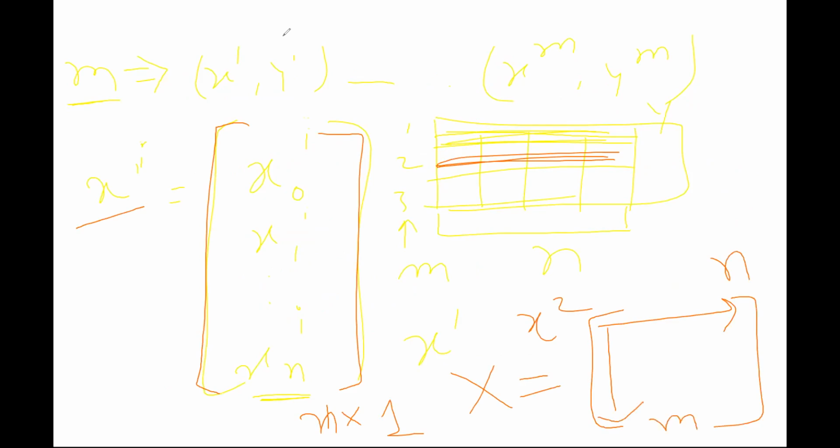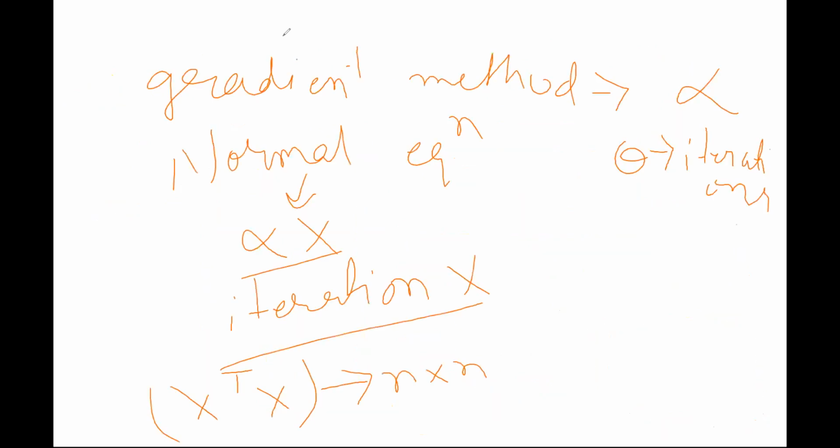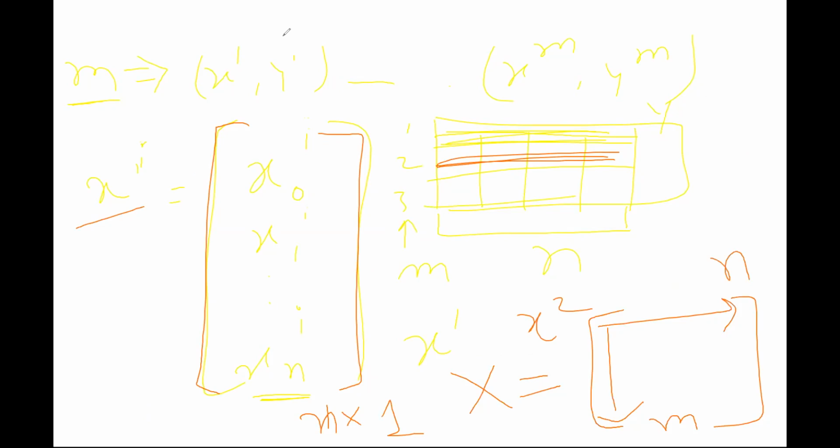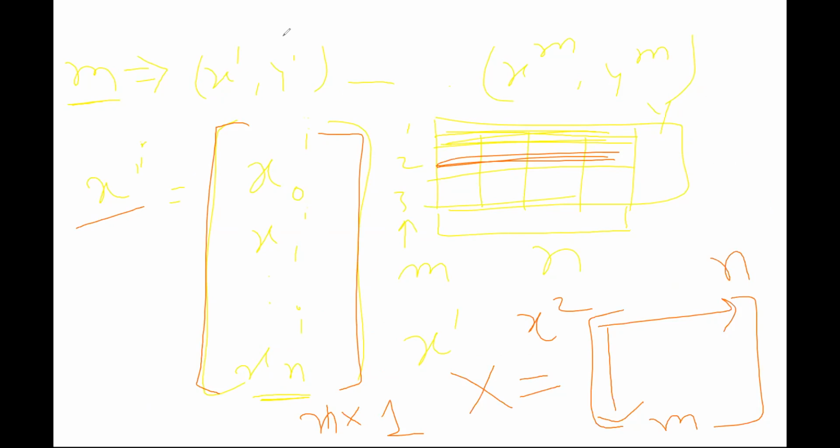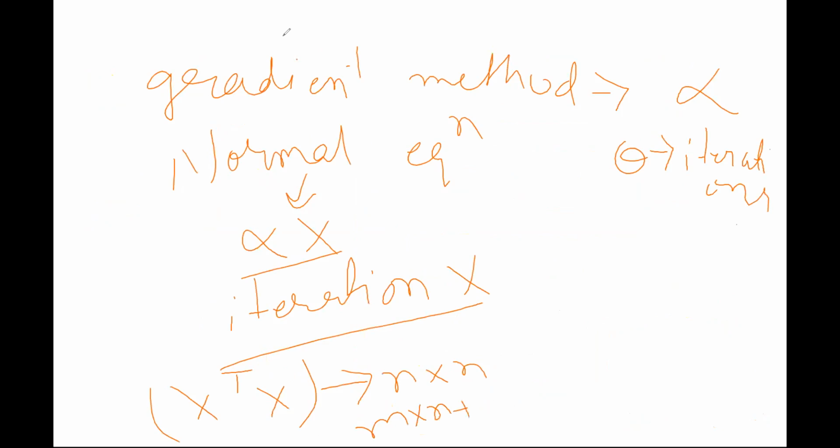Multiplying, x becomes m cross n plus 1. Actually, it is plus 1; I forgot to write it, sorry. For the transpose, the dimensions swap, so it will be an n plus 1 cross m matrix.